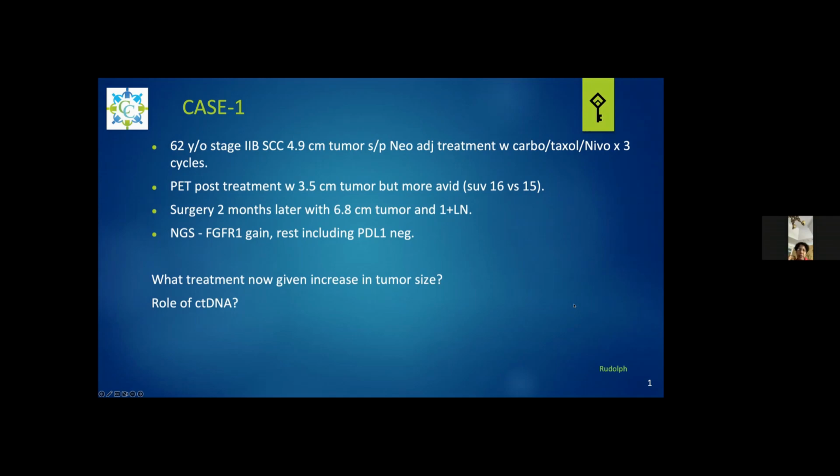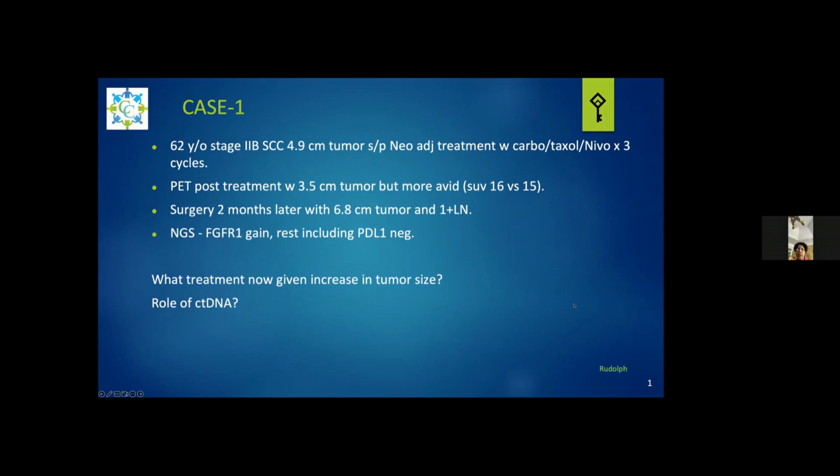Of course, this could be a scan sensitivity issue, but it was 6.8 centimeters, almost double the size on the scan, and 1 positive lymph node. Clearly that positive lymph node was a hilar lymph node. So clearly he did not respond to chemotherapy. Perhaps this grew in that 2-month wait period, which I would be hard pressed to think.